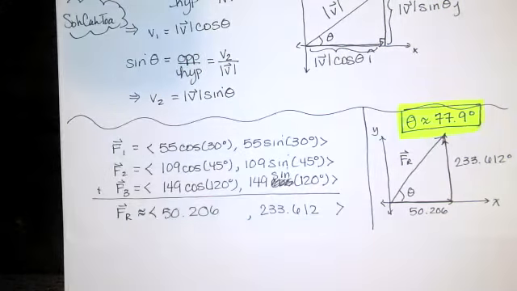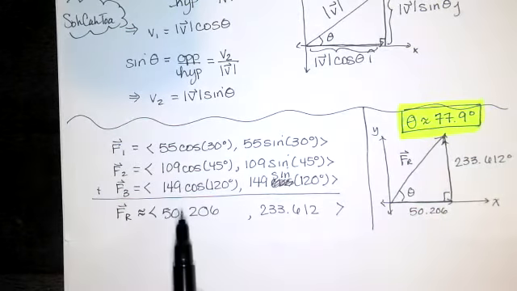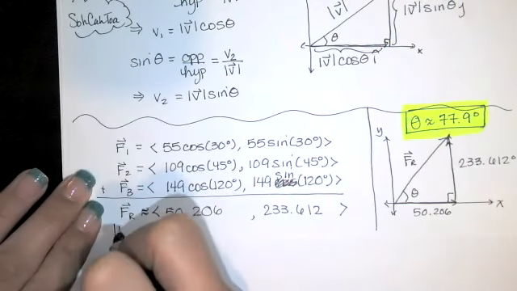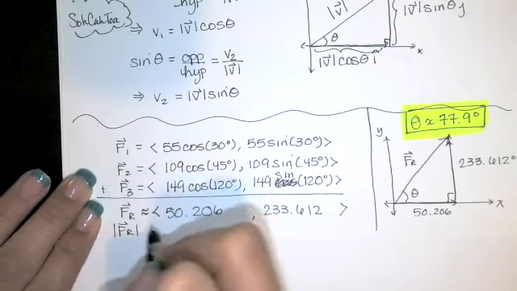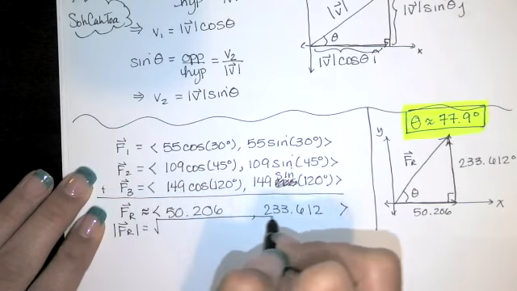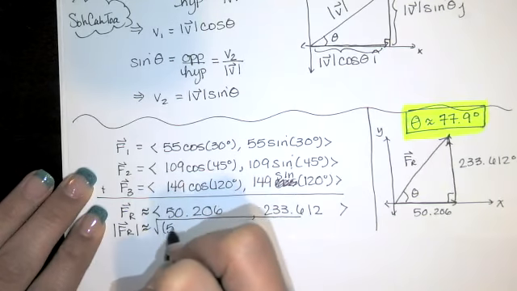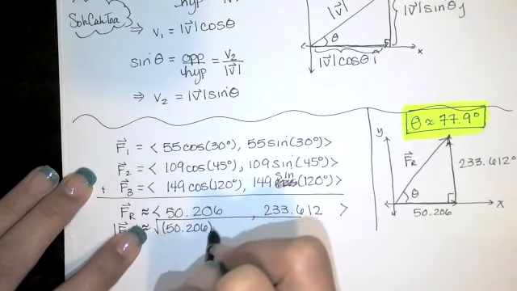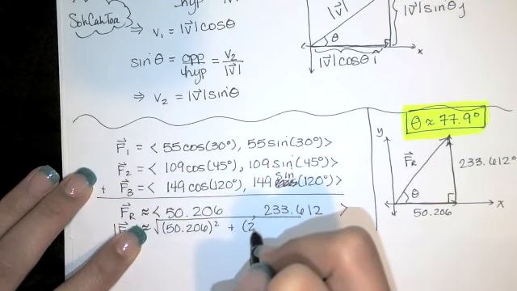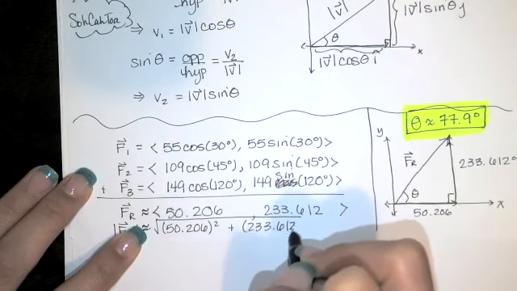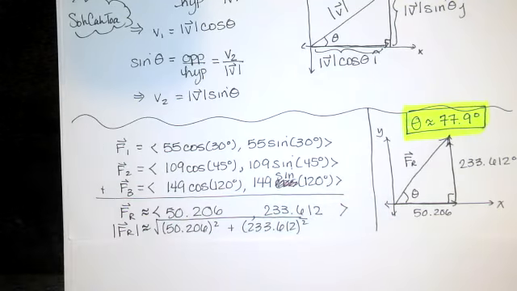All right, now we just need to find the magnitude. We know the magnitude of the y component and the x component. You've got the two components. Remember how we find a magnitude? You just take the components, you square them and add them and take the square root. So we'll do, and of course this is an approximation as well, x component squared, add the y component squared, and take the square root of that result.